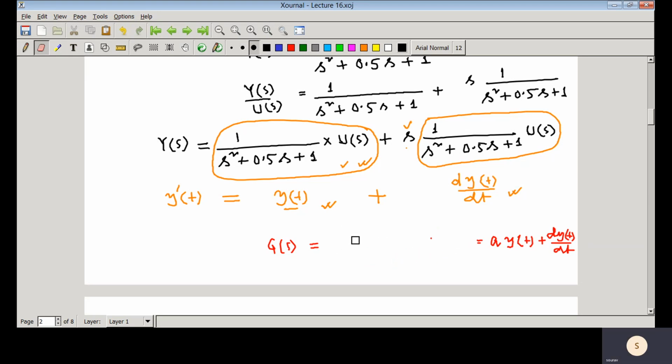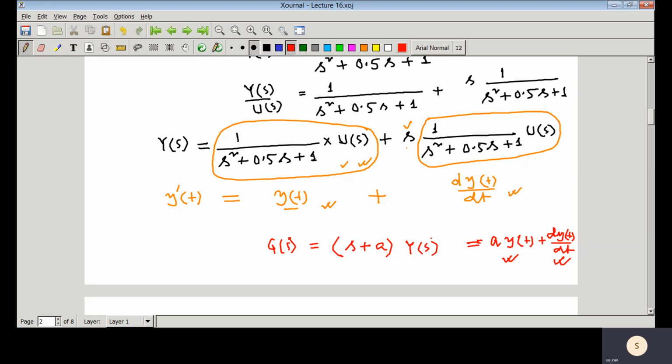Or we can take just this thing: whenever we introduce a 0, that is s plus a into Y(s), what would the response be? If we multiply, it is a s Y(s), that is the derivative, and a into Y(s), whose Laplace transform is a y(t).